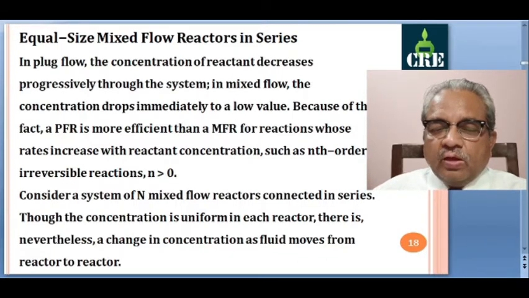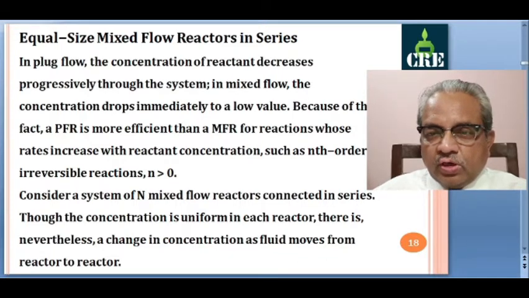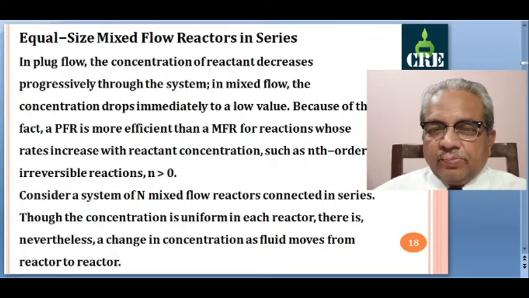And in a plug flow reactor, conversion is progressive. At any section the concentration is uniform. That is the assumption. That means there is no intermixing of the layers. So every section is a separate identity, you can say. So that is again an idealized model.